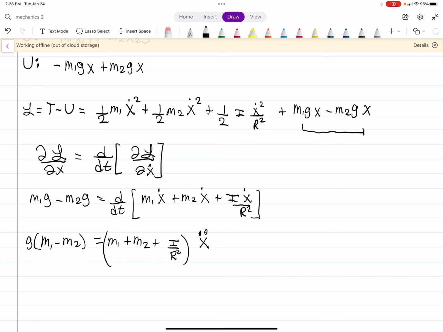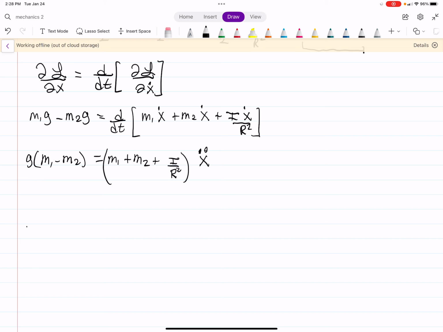So with this in mind, we can now isolate for x double dot. And x double dot, which is just our acceleration, is this whole thing. m1 plus m2 plus I over r squared. Okay, and that's your acceleration.